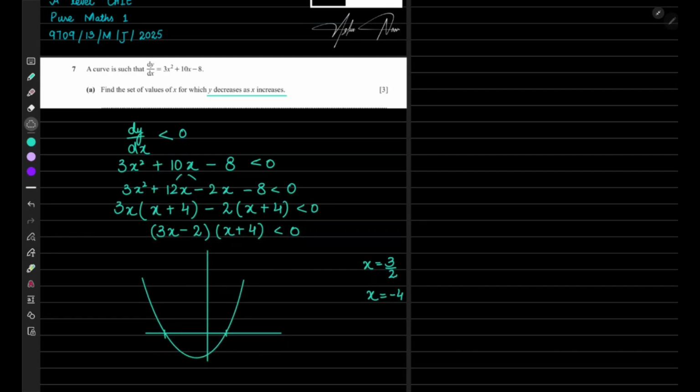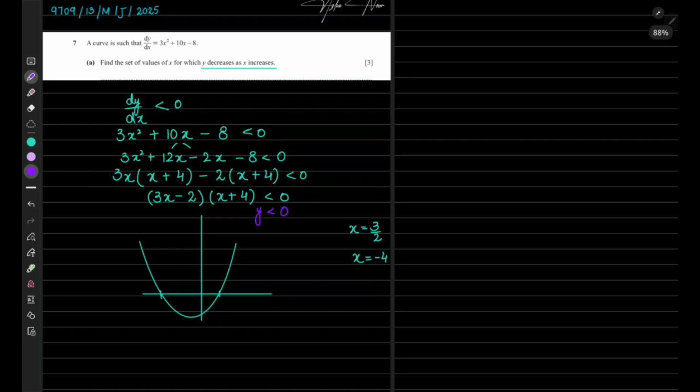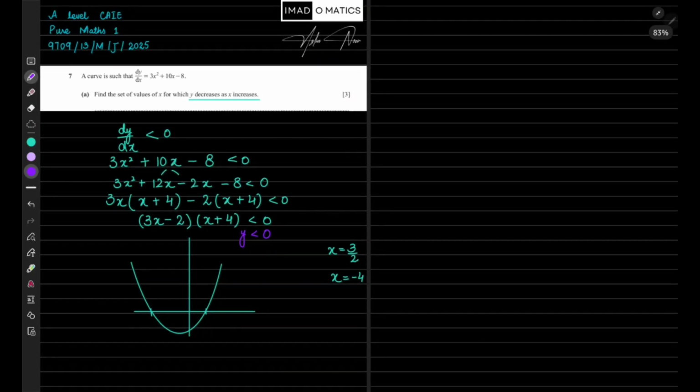Now, we have to look for the required values, and they say this is the y equation, and y is less than 0. So for which part of the graph is y less than 0? This part. Okay, so write the inequality for this now.